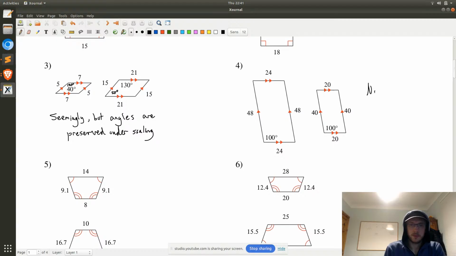No. 24/20 is not equivalent to 48/40. The left is, or perhaps it is, and I'm just being dull of mind again. 6/5, so it is indeed. I'm just being slow.